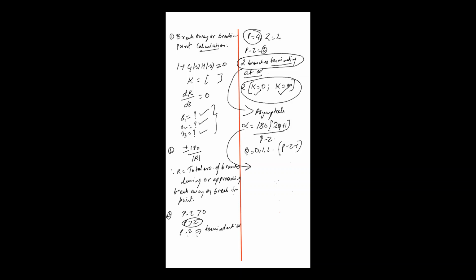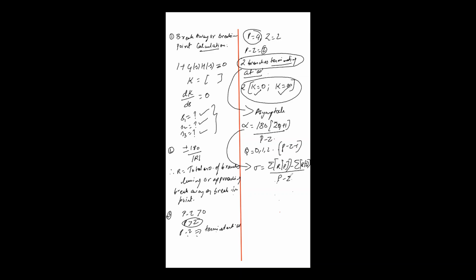That point is called the centroid or center of gravity that we have already seen. The formula for calculating centroid is summation of real parts of poles minus summation of real parts of zeros, divided by p minus z. So this is the formula for calculating centroid.